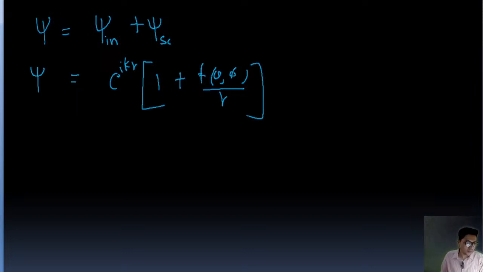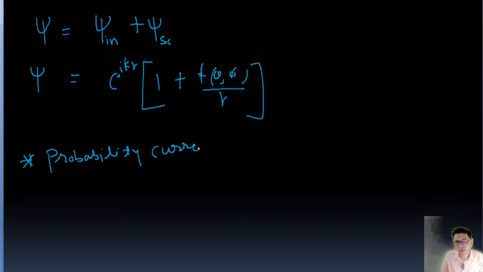Now the probability current density of the incident wave we are talking about. The probability current density is J equal to h cut k upon m z cap.